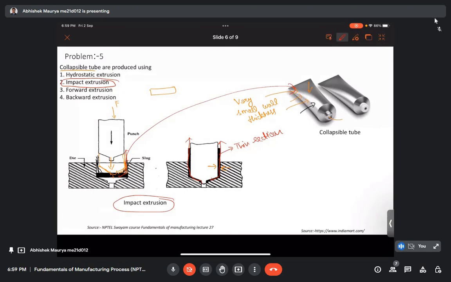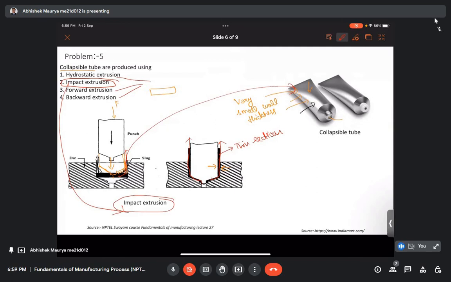For other processes, it is very difficult to get these thin sections. If we have larger wall thickness or larger sections, then we could have used any of these processes. But since the wall thickness is very less, the only option is to go for the impact extrusion.